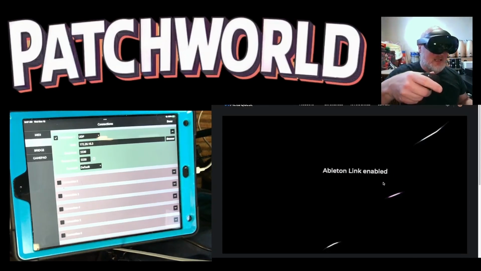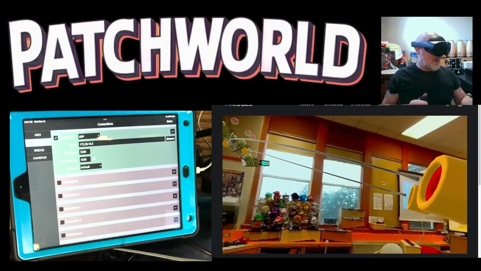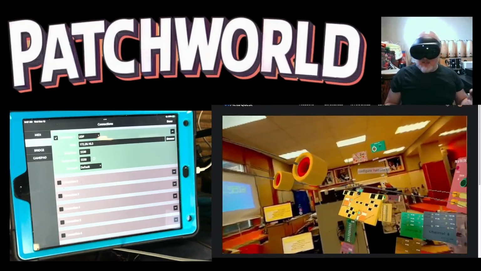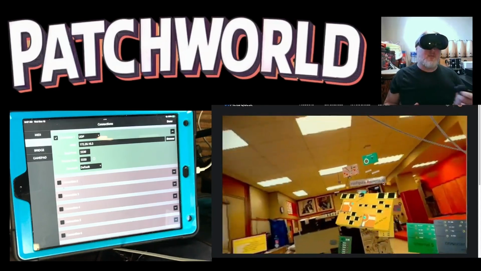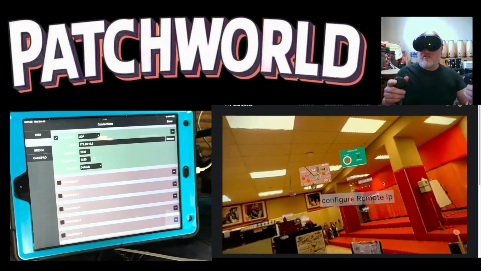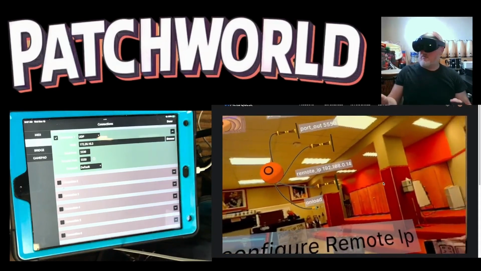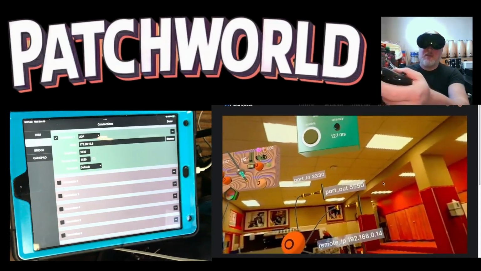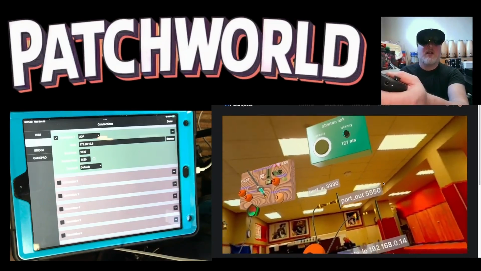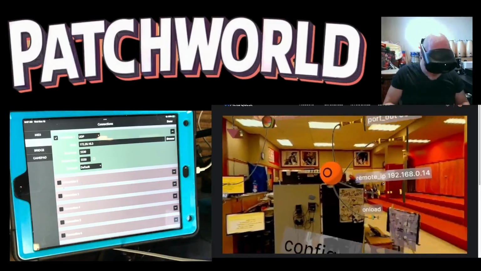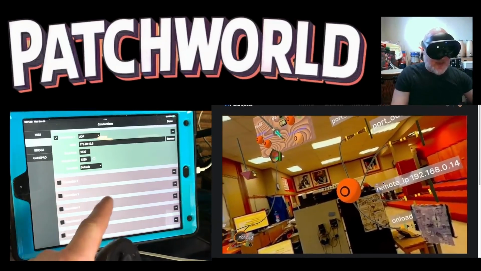So the way I can get this to work is by making sure the IP in this world is the same as, well, actually, that both the IPs talk to each other. Right up here, it tells me configure the remote IP. So the IP that's up here, I need to make sure that it matches with what my iPad has.